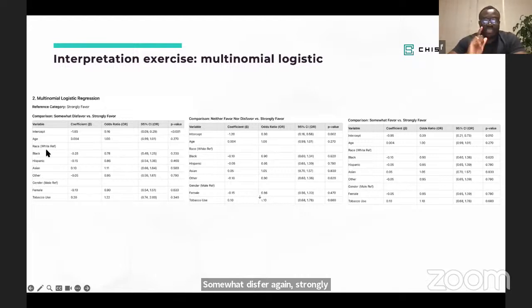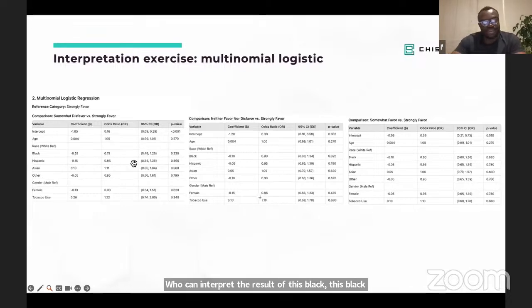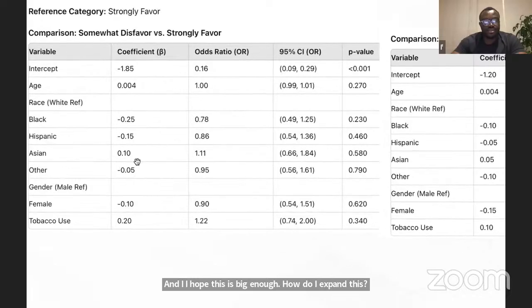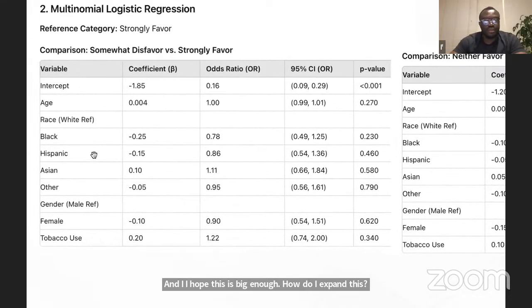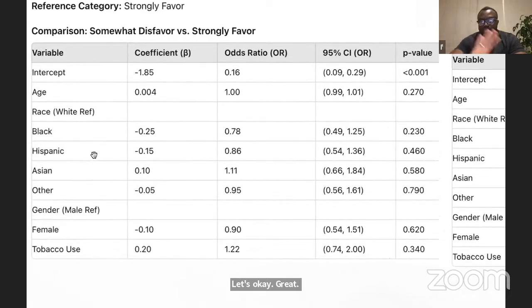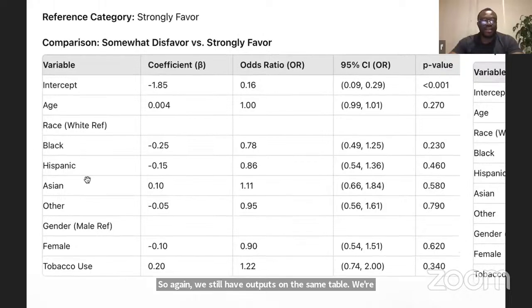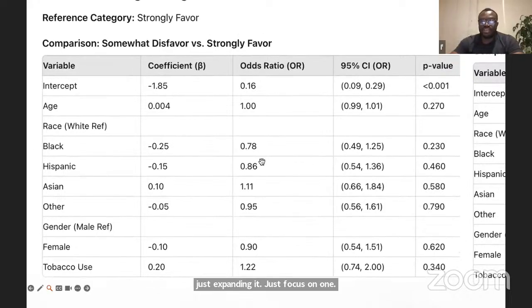With that in mind, who can interpret the result of this black row? I hope this is big enough. How do I expand this? Okay, great. We still have many outputs on the same table. We're just expanding it to focus on one. Now, who can explain this row here?